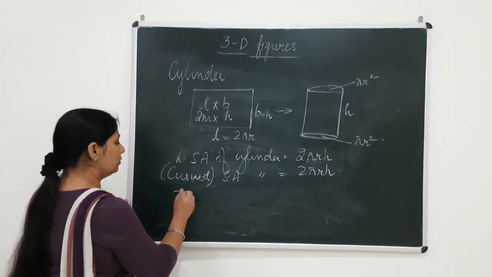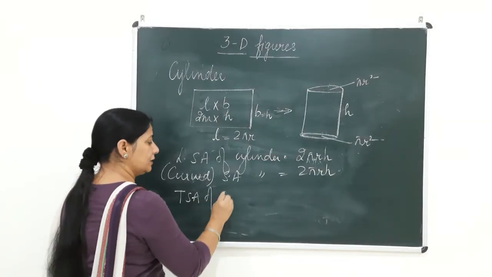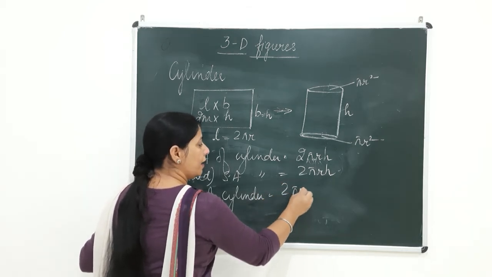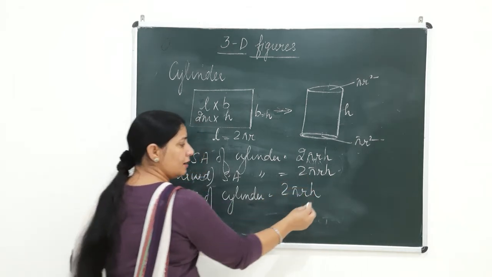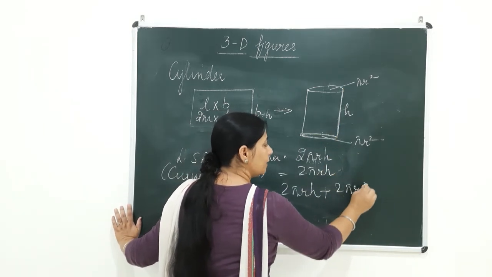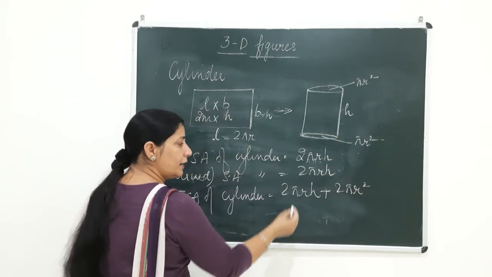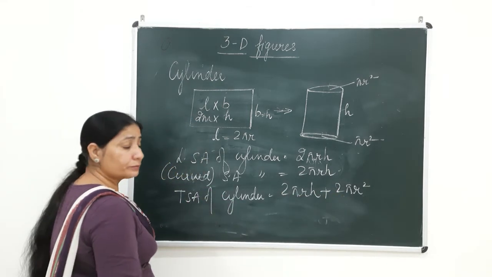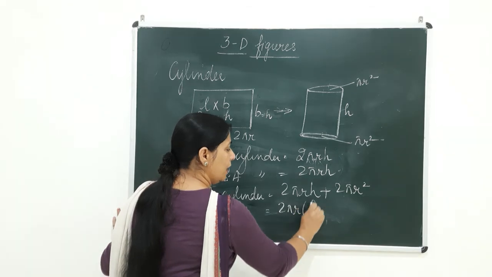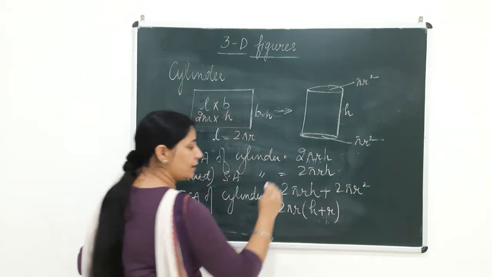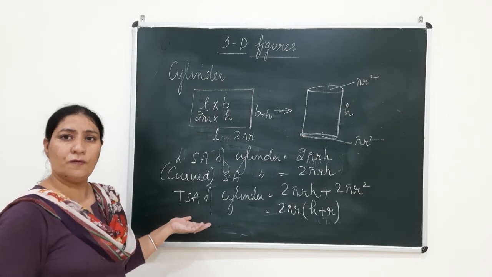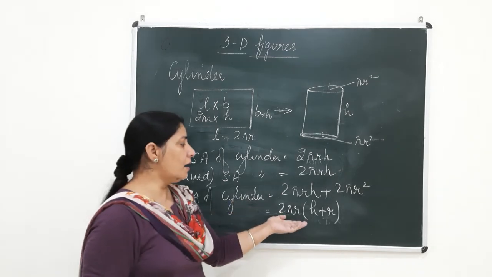Therefore, the total surface area of the cylinder will be equal to 2 pi r h, which is my curved surface area, plus pi r square and pi r square 2 times, which becomes 2 pi r square. Now let us take out what is common in them. From this and this, you can take out 2 pi r common and you are left with h plus r.